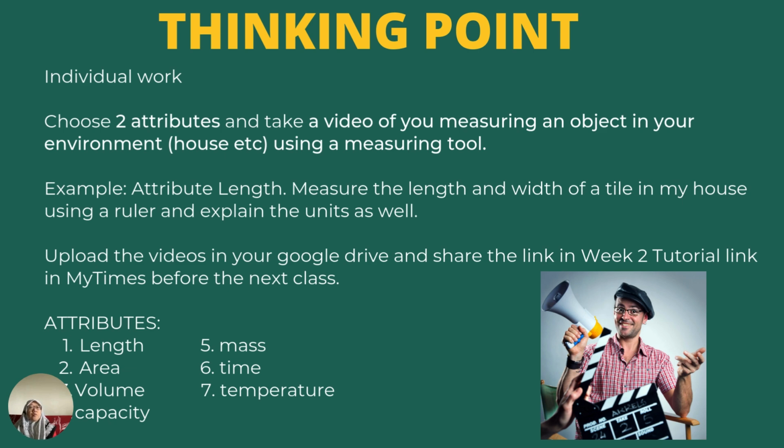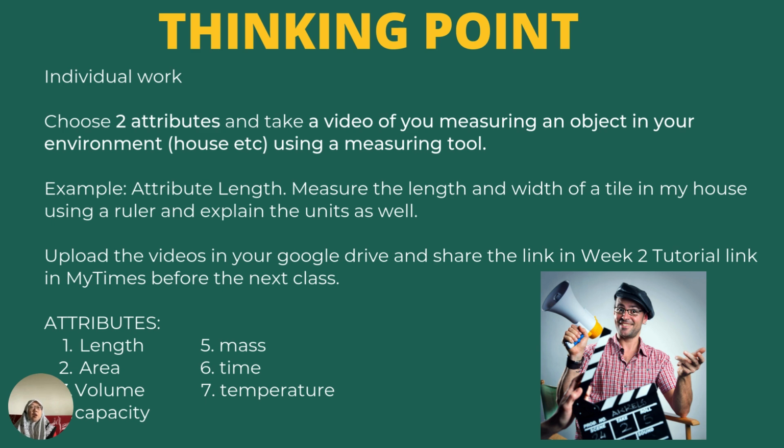Find something that is easy for you to do, as well as finding the measuring tool. So for length attribute, you want to measure the length and width of a tile in your house using a ruler and explain the units as well. Here you are deciding on the attribute, which is length. Then you're thinking of the measuring tool. What measuring tool are you using? A ruler.